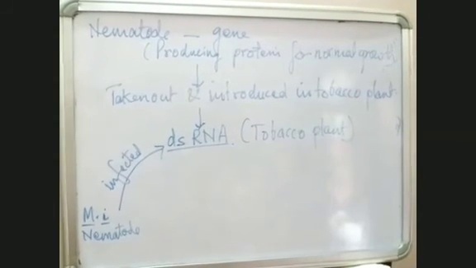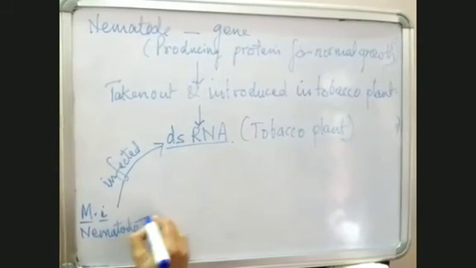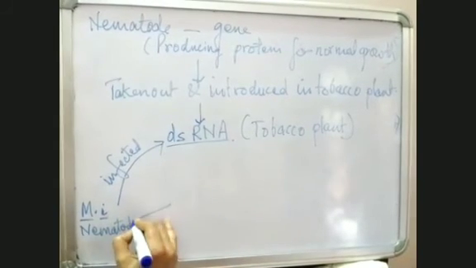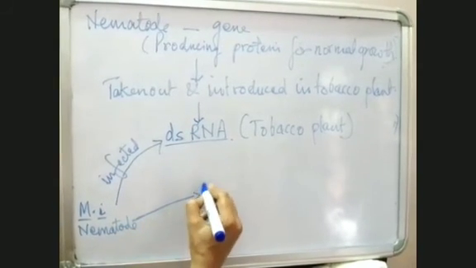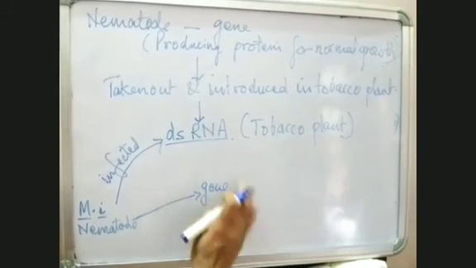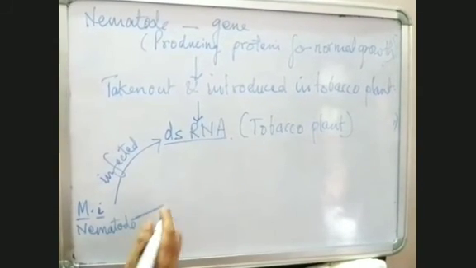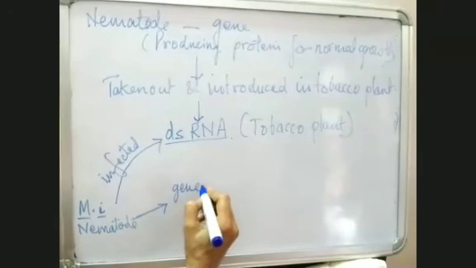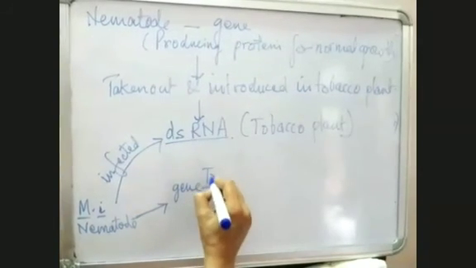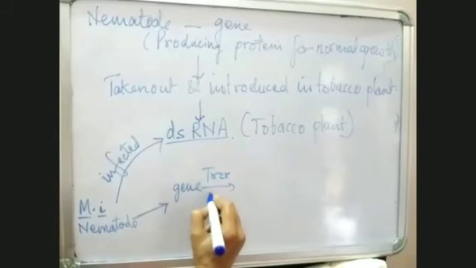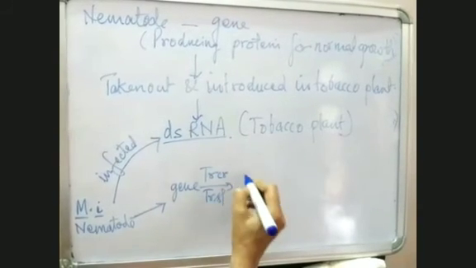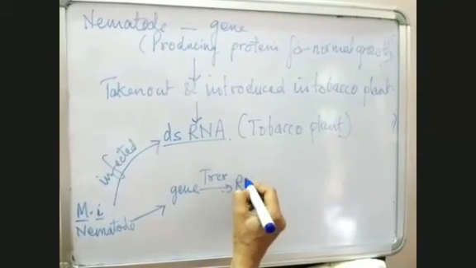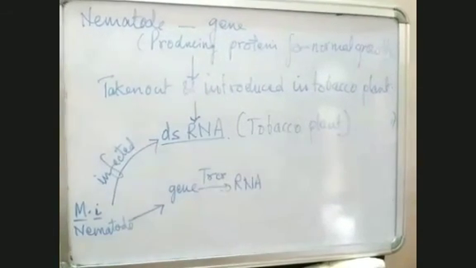The nematode enters the plant, and in the plant it has that gene, the gene which produces protein for its normal growth. So this gene will undergo transcription and will produce RNA.